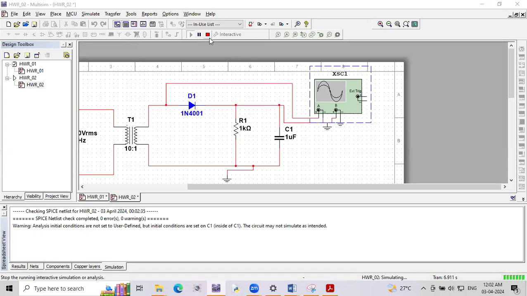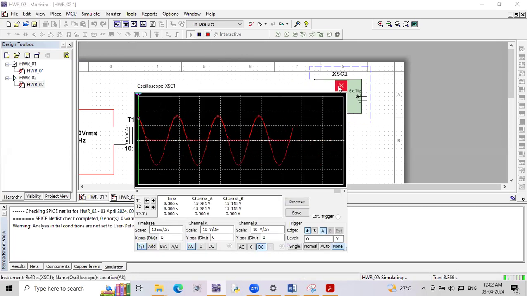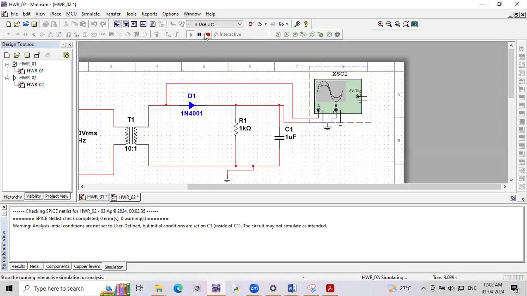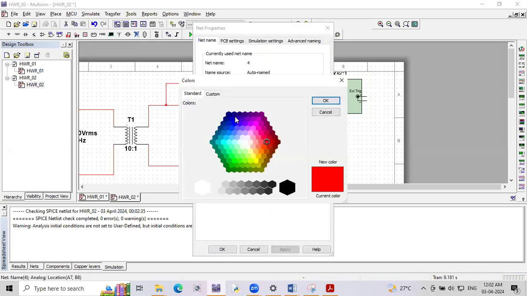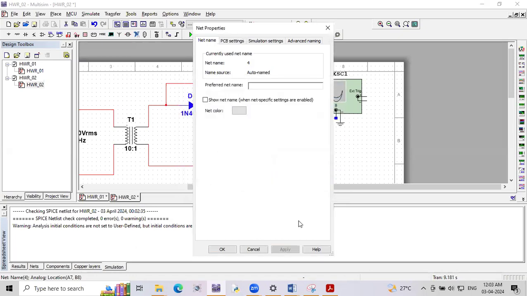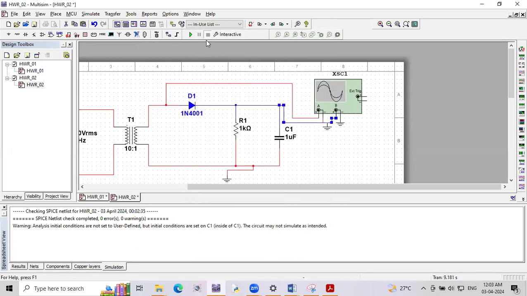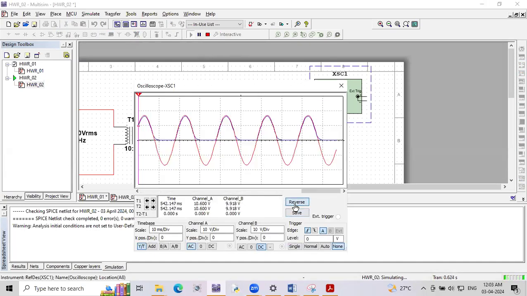Now let's check the output. I'm going to change the color of the output from red to blue. Okay, run. You're going to get the output.